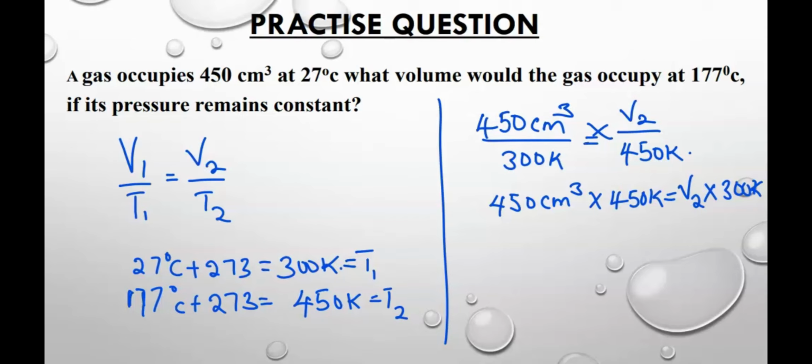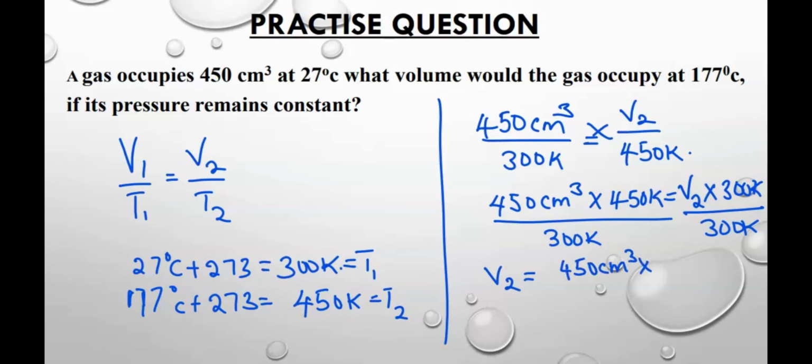Now if you want to make V2 the subject, we divide both sides by 300 Kelvin. So V2 will be 450 cubic centimeters multiplied by 450 Kelvin divided by 300 Kelvin.